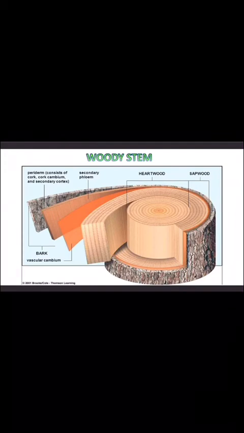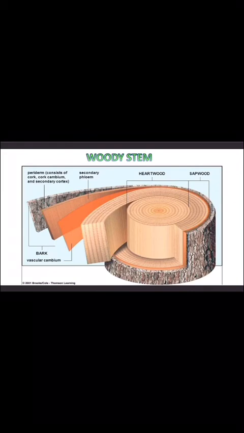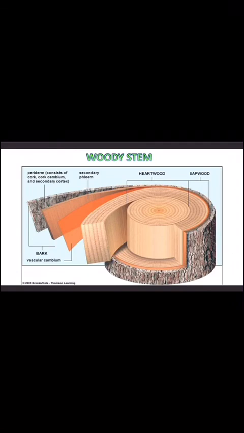And sapwood is, as you are seeing here, the outer wood of the old stem, and heartwood is the central wood of an old stem. Sapwood is light colored and heartwood is dark colored, as you are seeing that. And living cells are present in sapwood and living cells are absent in heartwood.